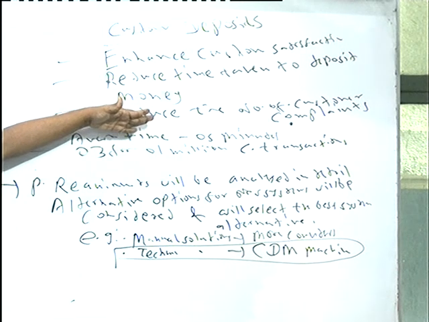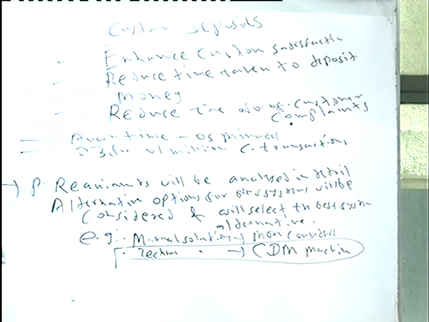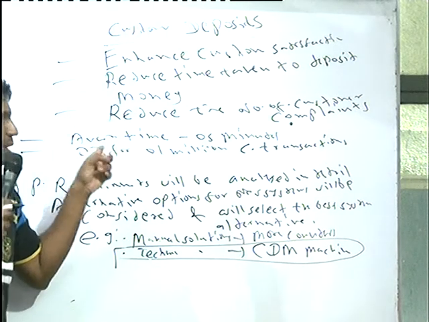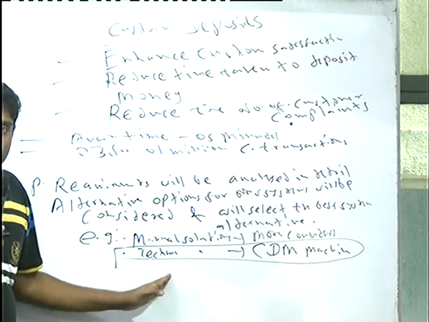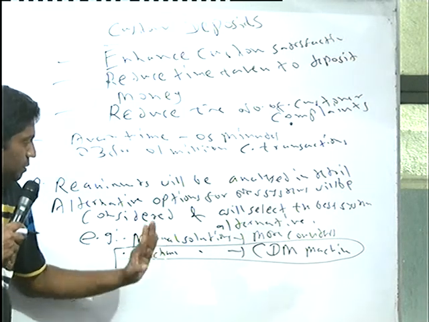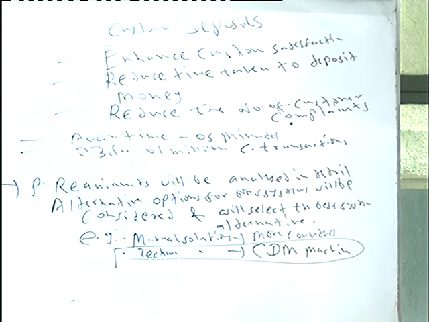But when you look at a CDM machine, assume it helps us reduce the time taken to deposit money and at the same time reduces the number of customer complaints also. Therefore, we thought this one is the best option, the CDM machine.